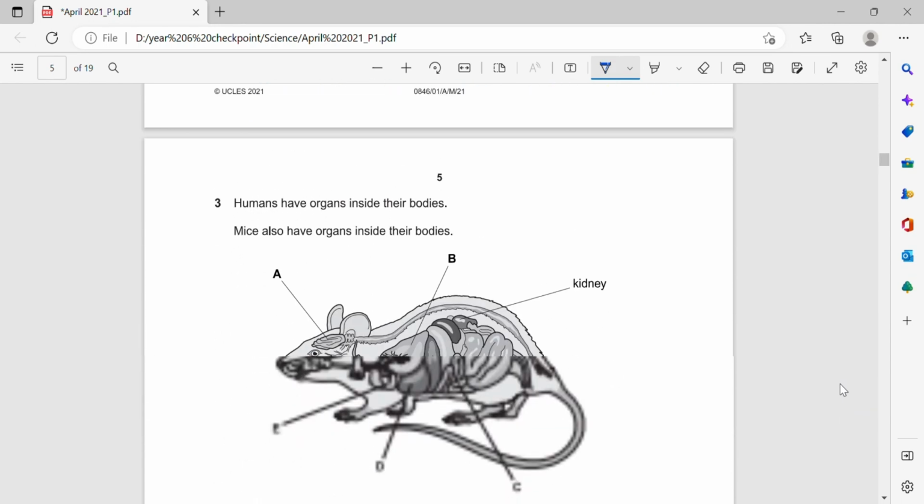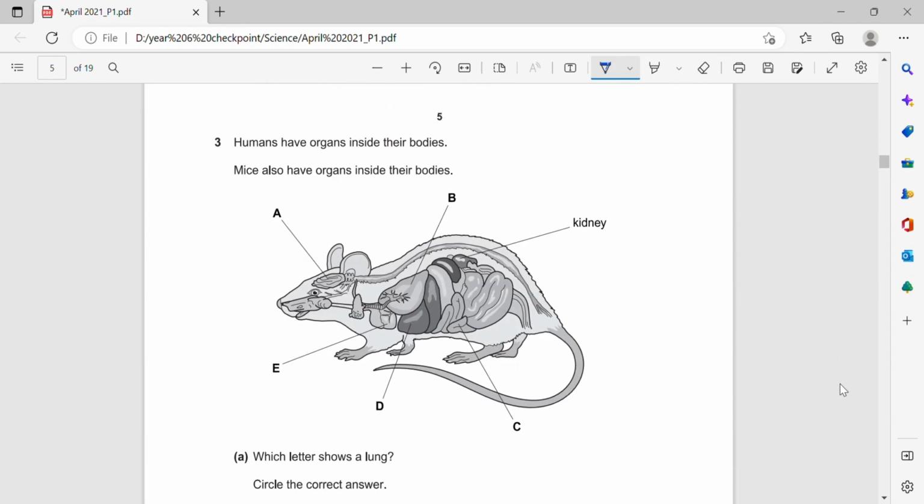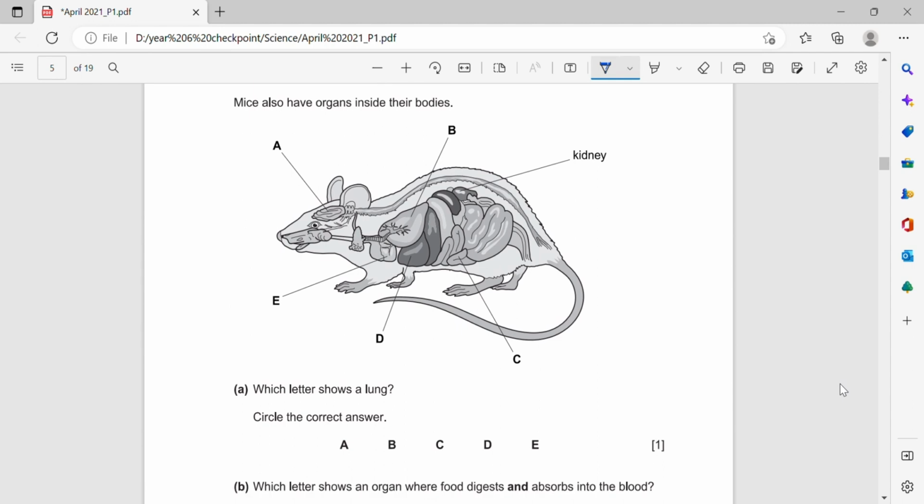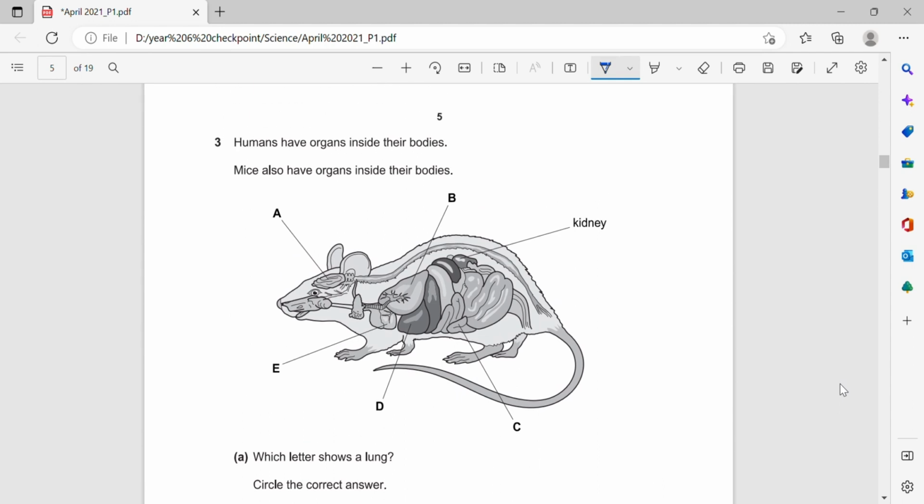Next question. Humans have organs inside their bodies. Mice also have organs inside their bodies. يبقى we have here mice, a mouse, having organs inside the body as well. طيب which letter shows a lung? If we look at the organs here, which one is the lung?